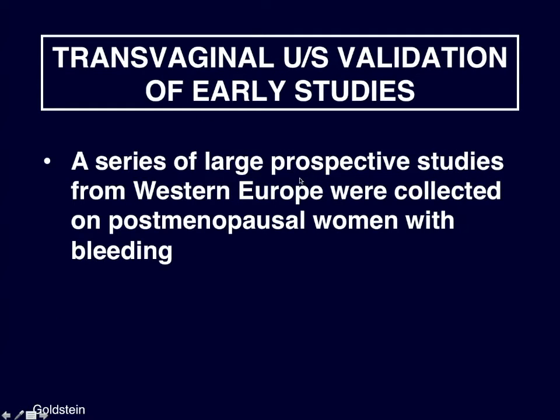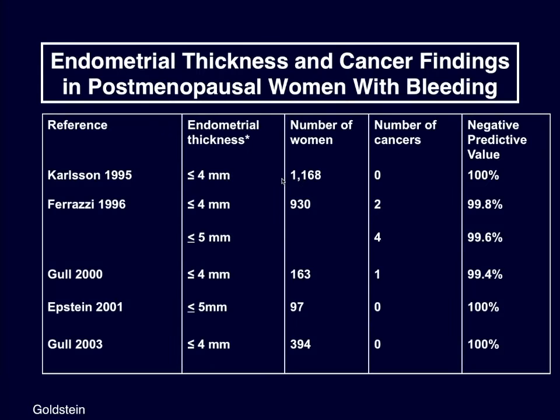Then a series of large prospective studies from Western Europe were collected on postmenopausal women with bleeding. In the Nordic trial, published in 95, out of 1,168 women who had an endometrial echo less than or equal to 4 millimeters, there were no cancers. Enrico Ferrazzi in Italy, 930 women less than or equal to 4 millimeters, 2 cancers, less than or equal to 5 millimeters, 4 cancers.